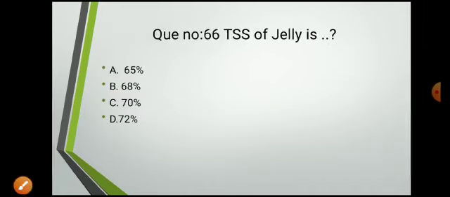Question number 66. TSS of jelly is. Options are 65%, 68%, 70%, and 72%.